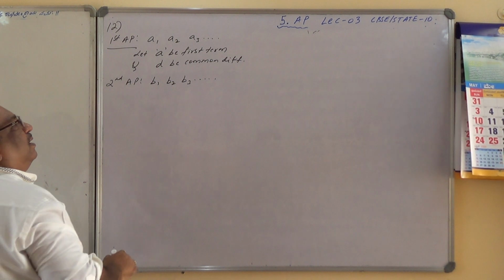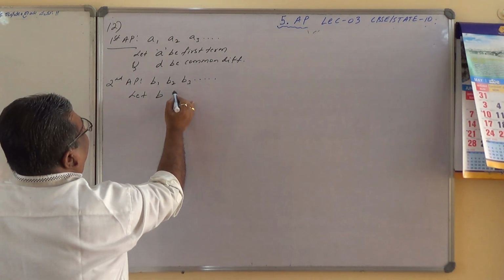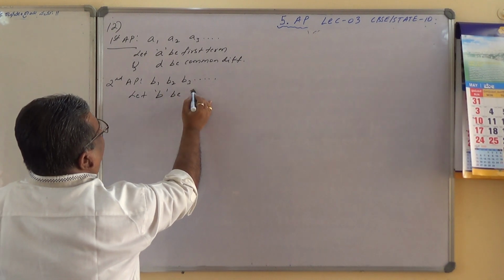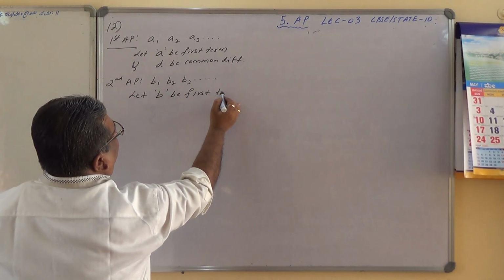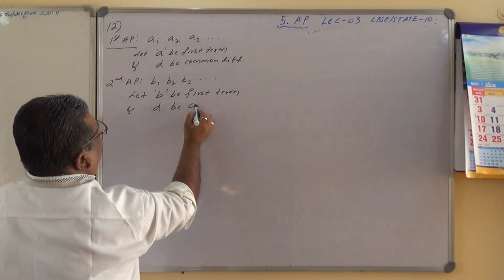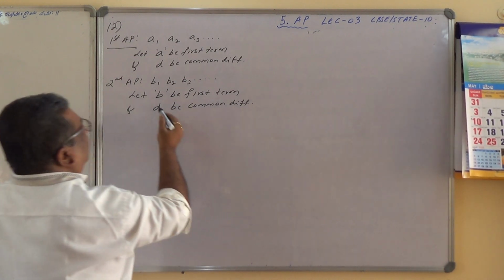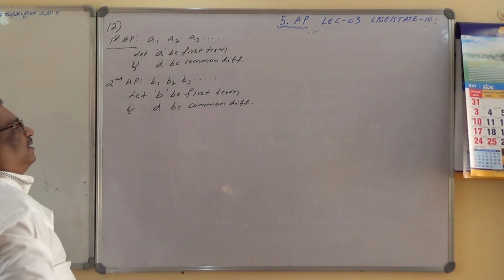Let this be the second AP. Let B be the first term and D be the common difference. Same, no? Common difference should be the same. Therefore, D and D both are the common difference here.